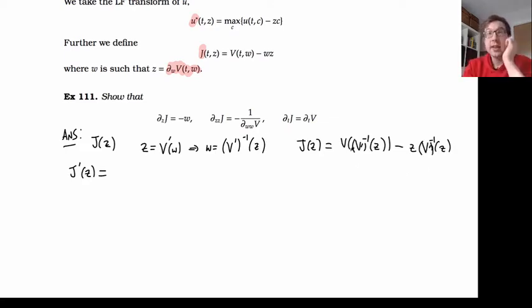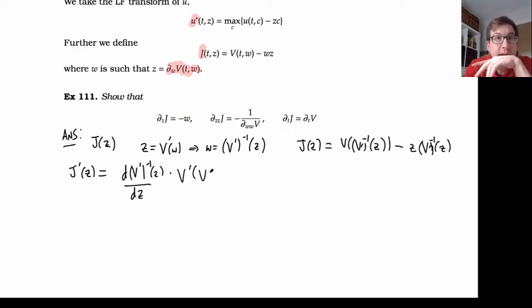So I want to differentiate this, and I can use my usual rules of differentiation here. I would differentiate this, bring this outside, and then differentiate the term outside. So normal chain rule: chain rule on that term would give me d v dash to the minus 1 of z dz times the derivative of this, v dash times v dash to the minus 1 of z.